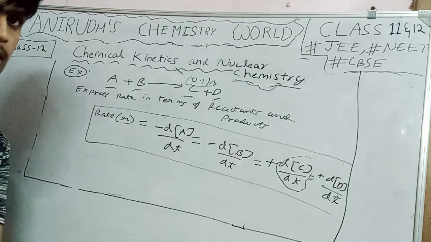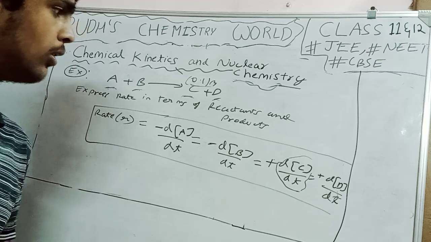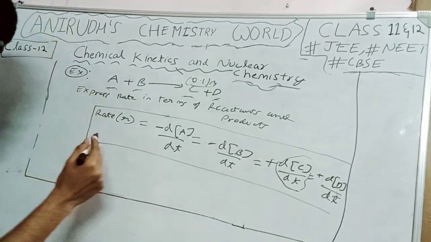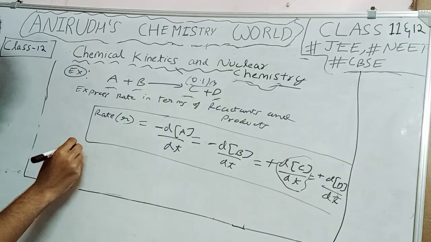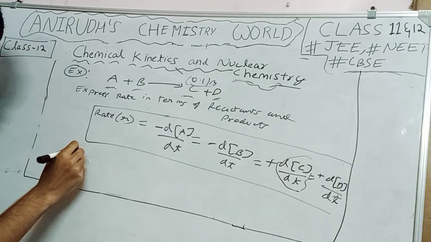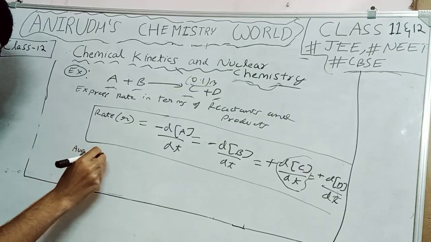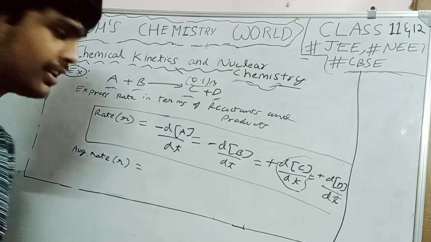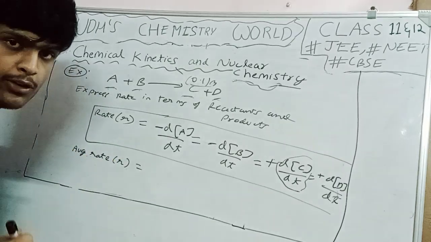Just note this down. Okay, I'll continue this. See, average rate I told you, right? In board exams you will definitely be getting these definitions, and you need to give the formula.